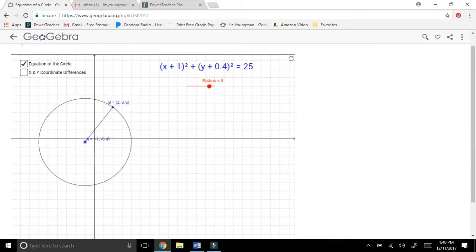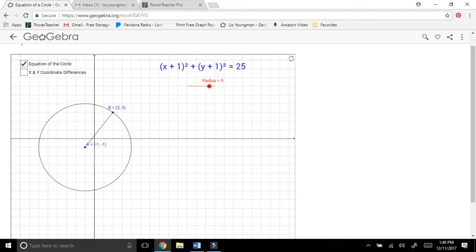When that Y value becomes negative, it actually ends up making it X plus 1 and Y plus 1. It's kind of the opposite of whatever that would be. If I take this and change the radius, you can see how that circle moves, and that radius is going to be that exact distance the whole way around.